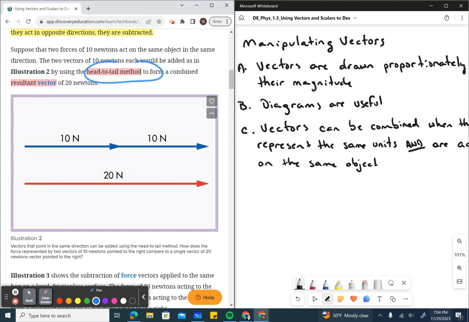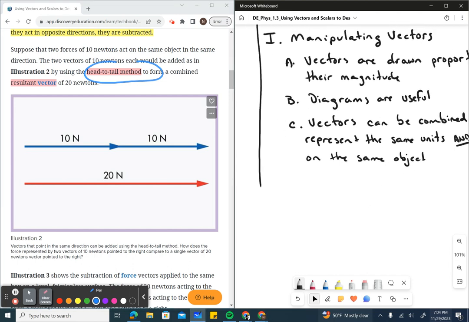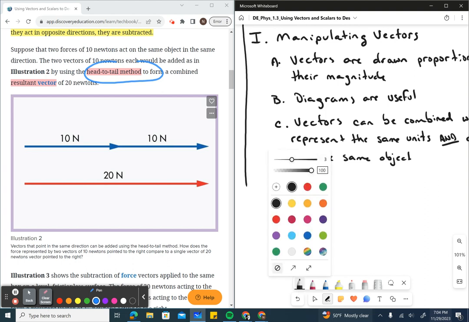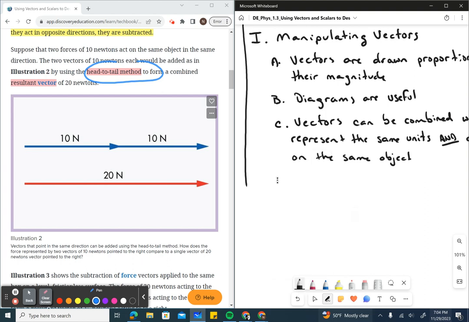So over here, I'm just going to put down letter D. Adding, we'll just say head to tail method, okay? Head to tail method.